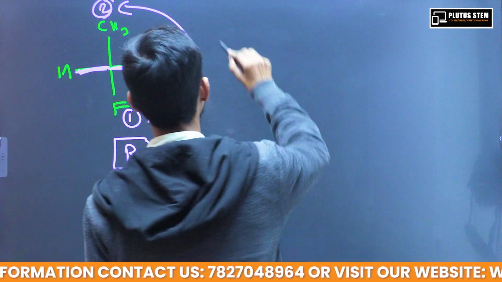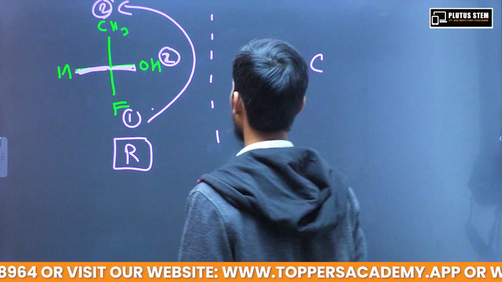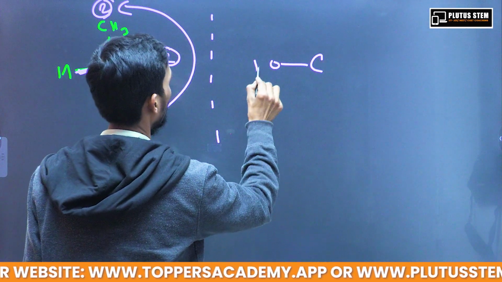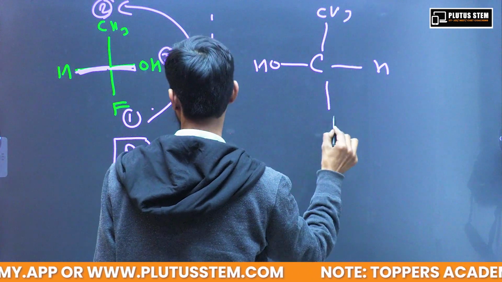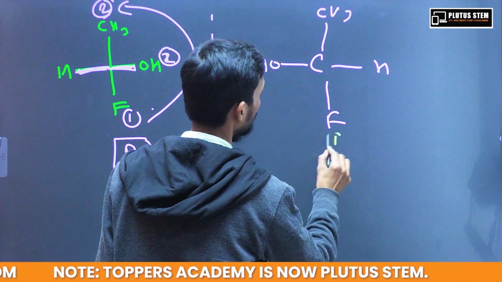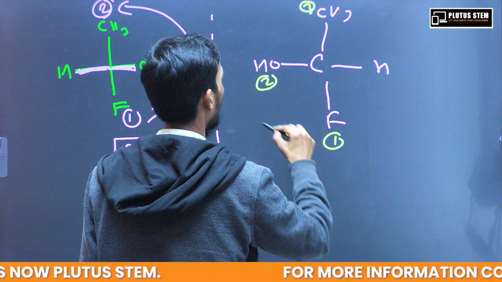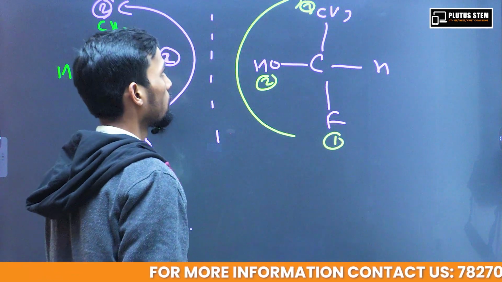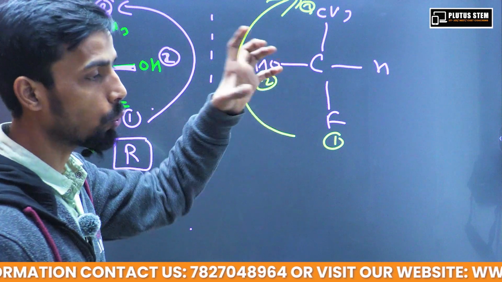Regarding the mirror image of this, the mirror image will be like OH, H, CH3, fluorine. Again 1, 2, 3, and this rotation is clockwise, and the fourth group is above the plane.